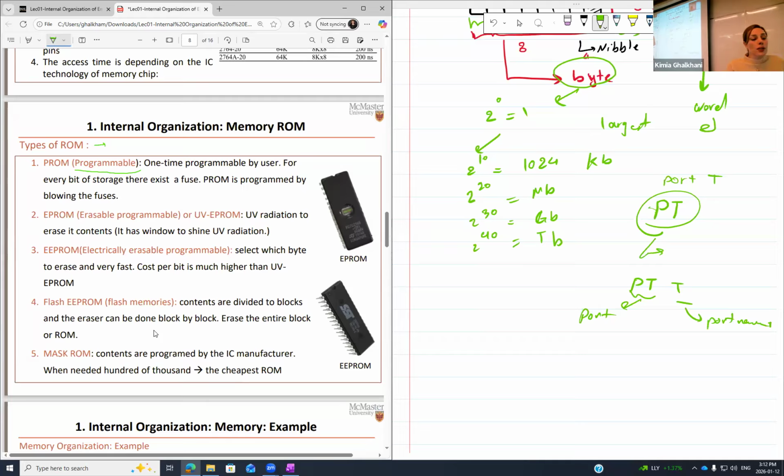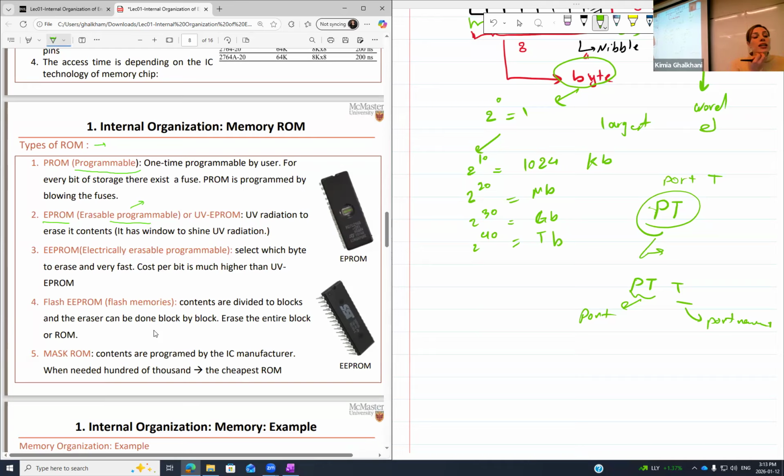And then we have another type, a little bit more advanced, where you can erase information, like a USB. Like what else? Hard drive, and many other similar devices. Those we can erase information from, and this one is a little bit more expensive. The reason is the type of material they use to build such a device.